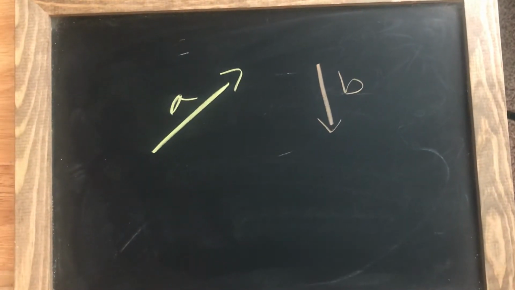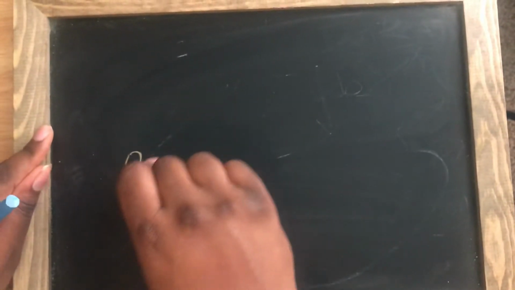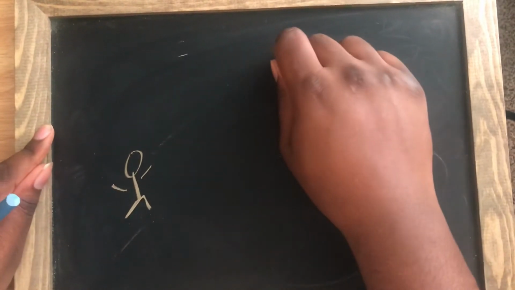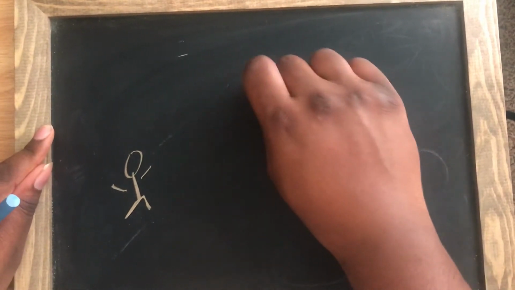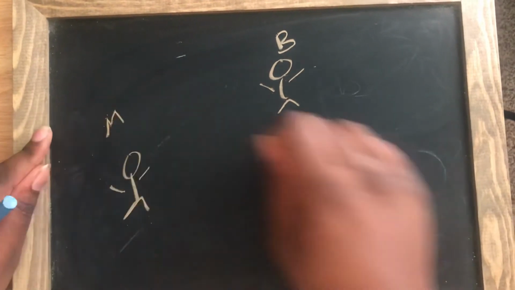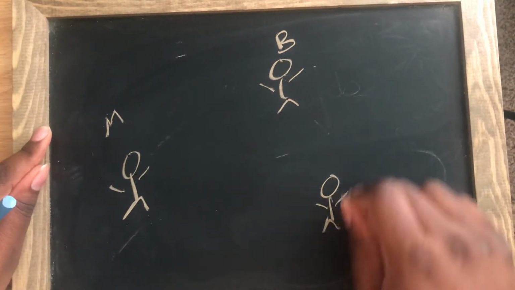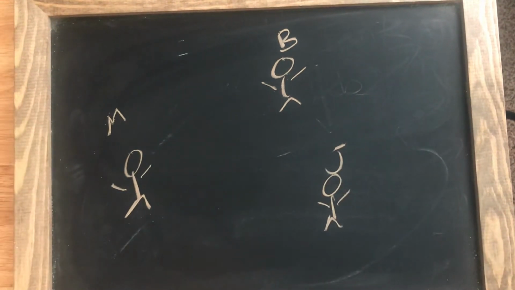Let's think about it this way. Once again, I've got me, my friend Billy, and my friend John.